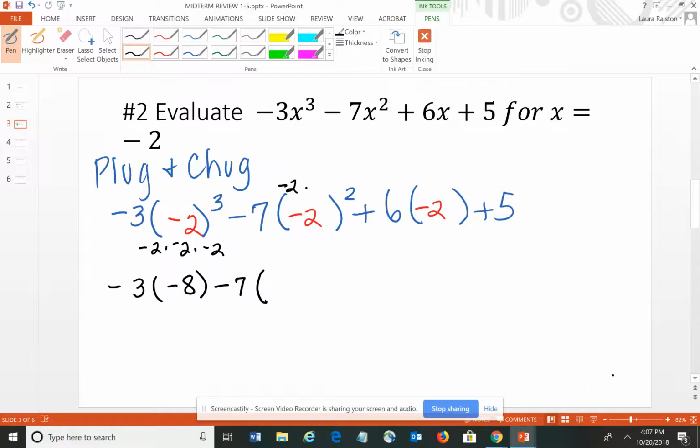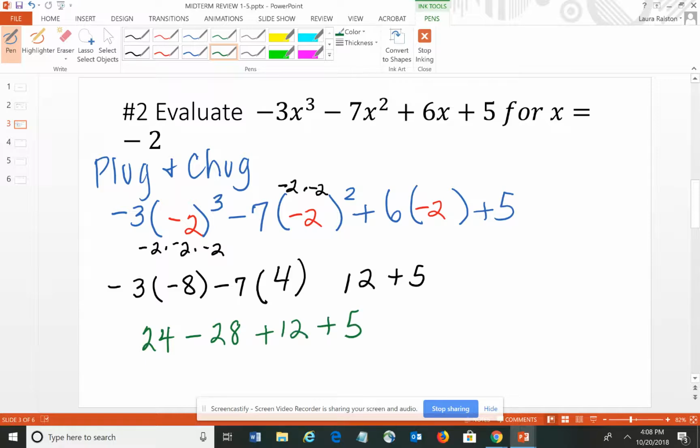That's literally negative 2 times negative 2, which is positive 4. 6 times negative 2 is minus 12 plus 5. Then I'm going to go back and do the other multiplication. Negative 3 times negative 8 is positive 24. Negative 7 times 4 is negative 28 plus 12 plus 5.